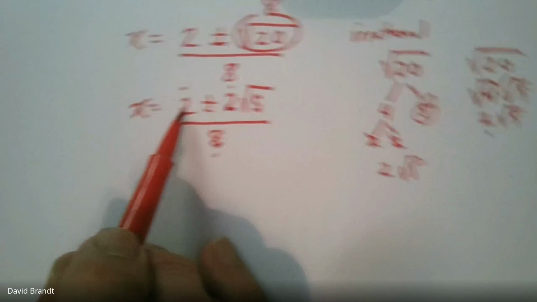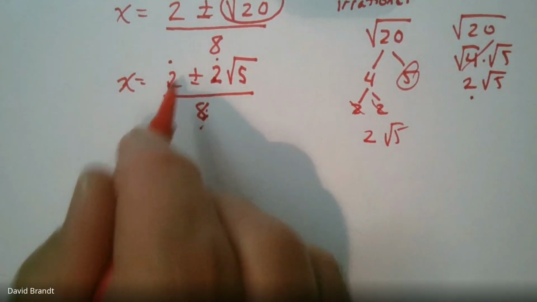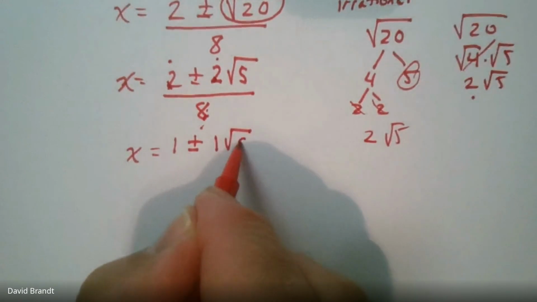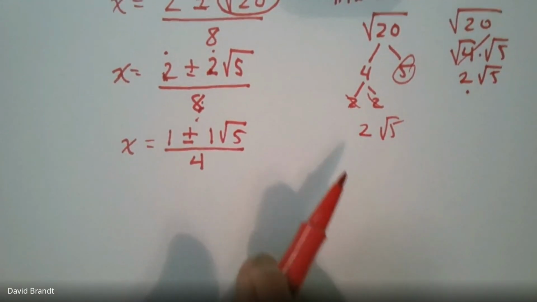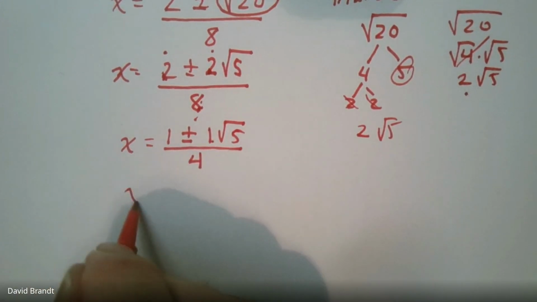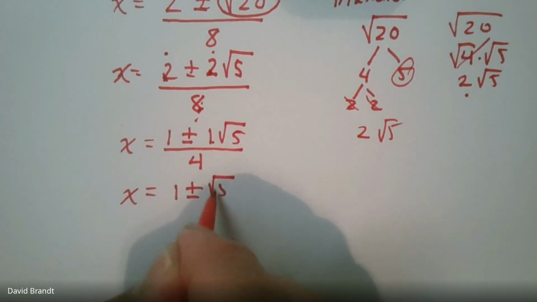We can reduce 2, 2, and 8. We can reduce them all by 2. So that's going to become a 1 and 1 all over 4. Now, just like if you have 1x, you don't need to write the 1. You don't need to write this 1 in front of the square root of 5. So you can just write it like this.